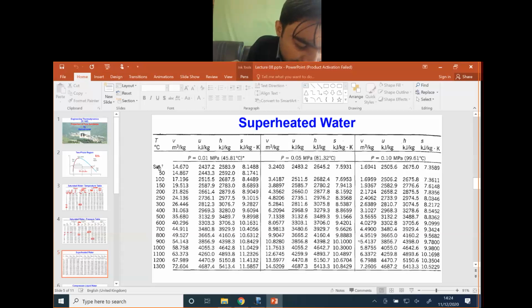The star means whatever temperature is mentioned corresponding to the pressure is the temperature of the first entry, and the properties specific volume, internal energy, enthalpy and entropy are mentioned corresponding to the saturated vapor state. Then we have the other entries.